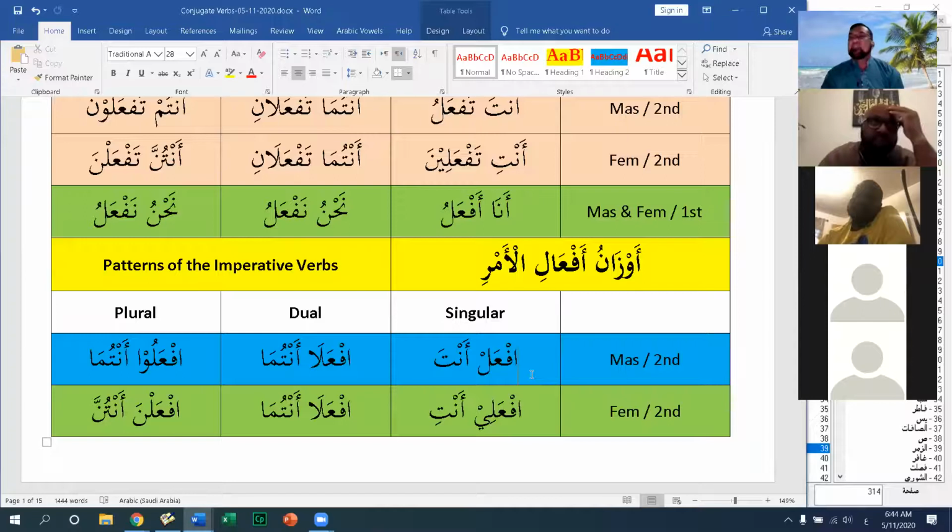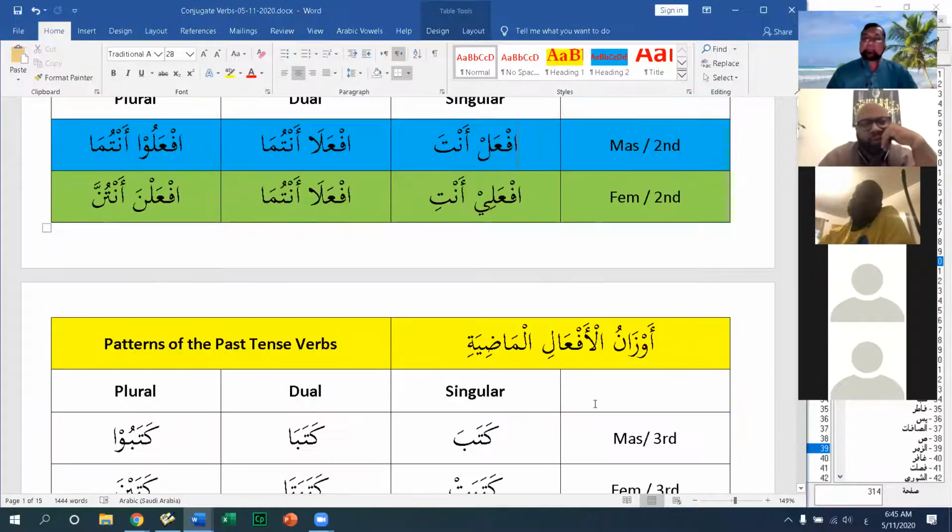It would always be if'al, if'il, or uf'ul. Those are the three forms of the command verb.